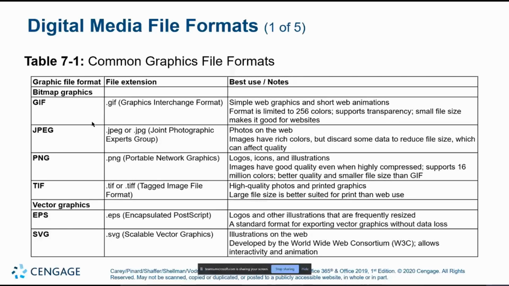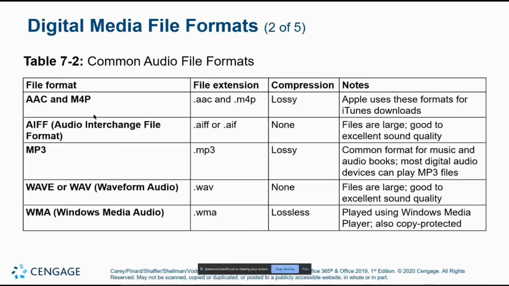They are larger, higher quality, and those make up your bitmapped graphics. As for vector graphics, you have SVG and EPS, and I'll let you guys read up on those on your own time. I don't want to spend too much time getting into the nuts and bolts of file formats.